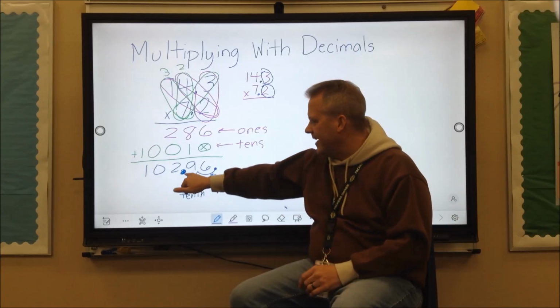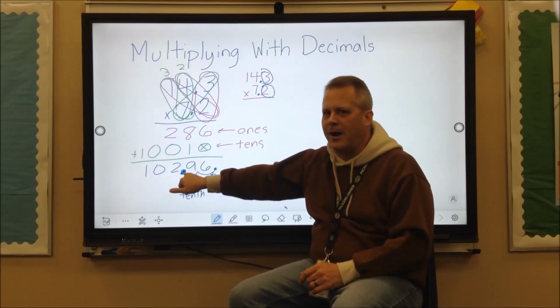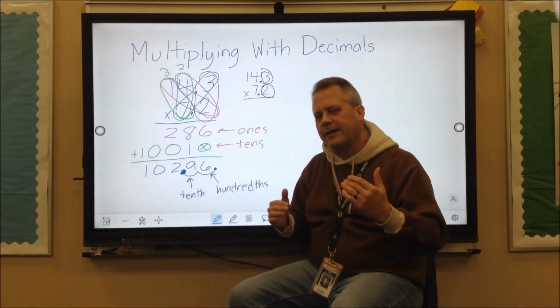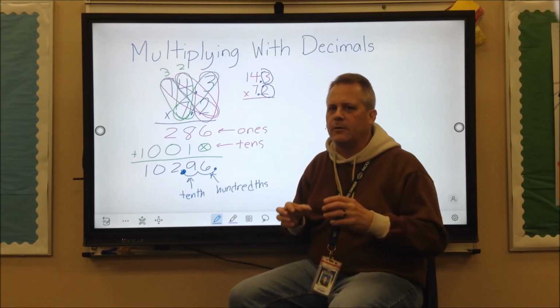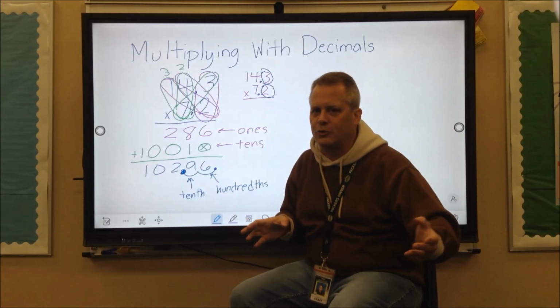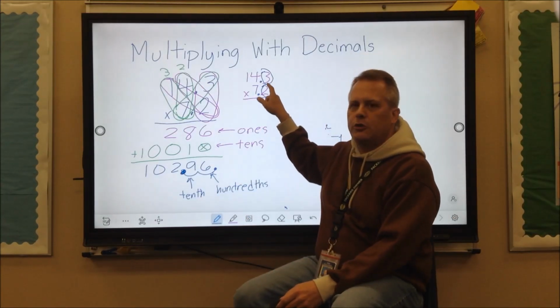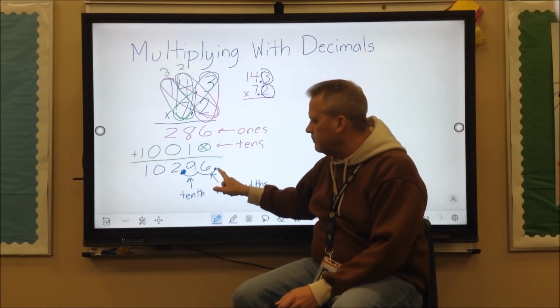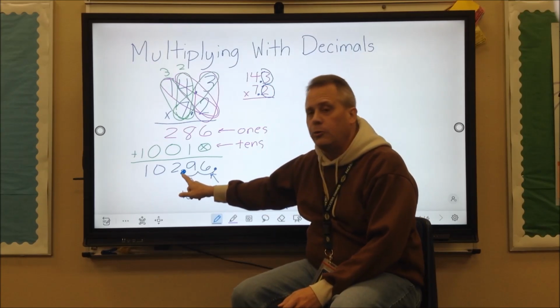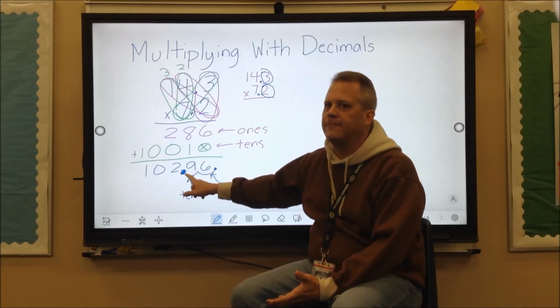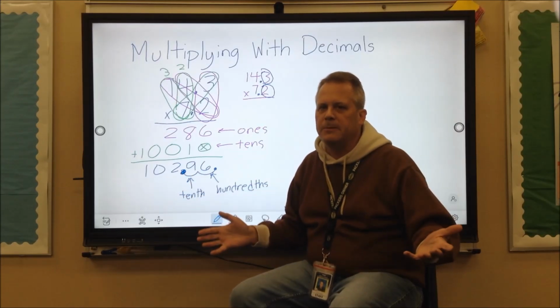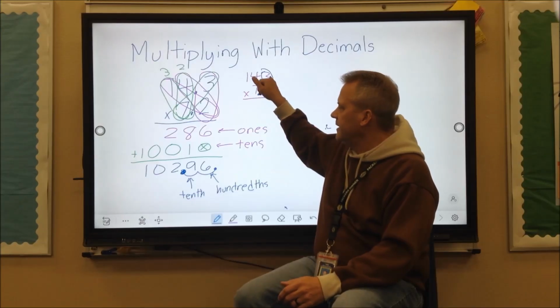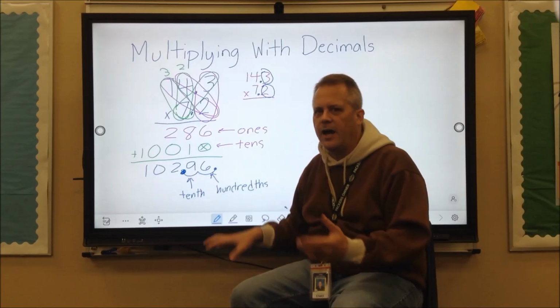So therefore, that's why the decimal went right there in that spot. I know a lot of teachers, maybe some adults, will just jump to the shortcut and go, oh, there's 2 digits after the decimal, so I'm going to move the decimal 2 place values to the left. The reason behind it is a tenth times a tenth is a hundredth.